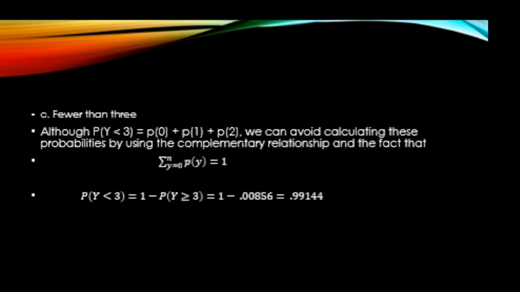For less than 3, we simply do 1 minus the probability of y greater than or equal to 3 from the previous part, and that gives us the probability as 0.99144, which is pretty high. So the first three, 0, 1, and 2, are the values which give us the highest probabilities, and 3, 4, 5 have a lower probability.